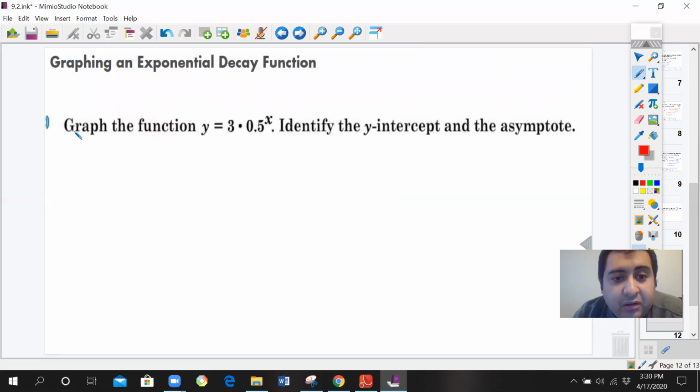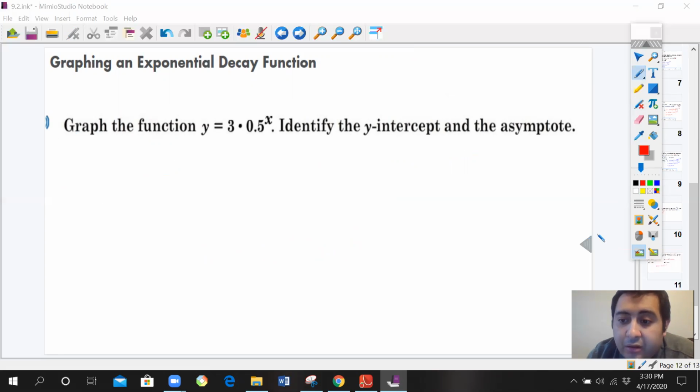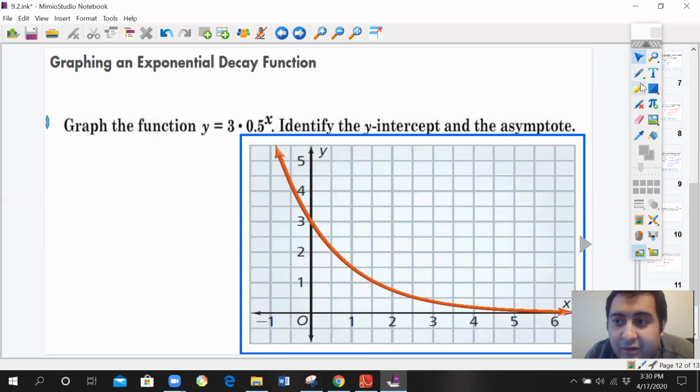Graph the function of y equals 3 times 0.5 to the power x, identify the y-intercept and asymptote. Again, we have gone over some examples from last time, 9.1. So if we're trying to graph this, we're going to end up with something like this.